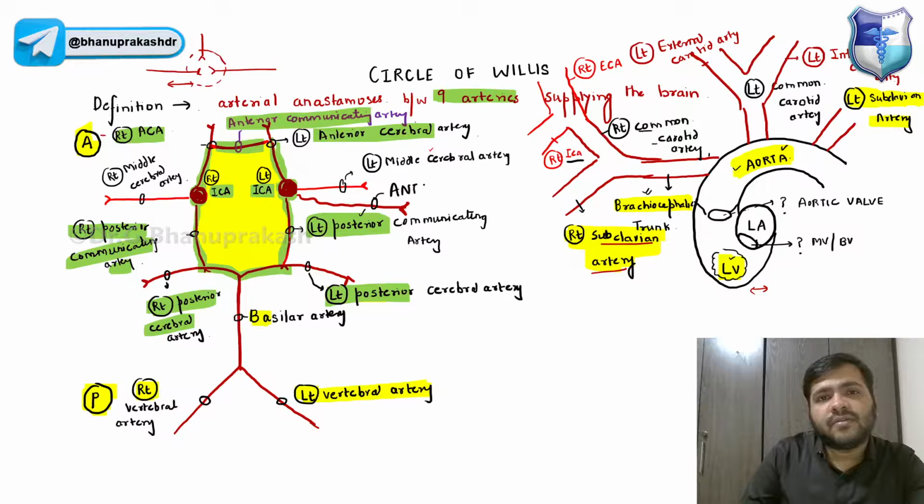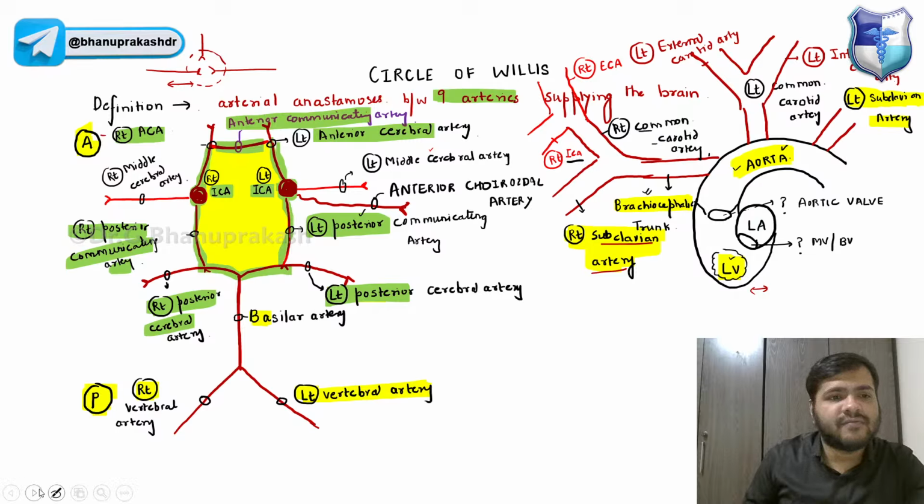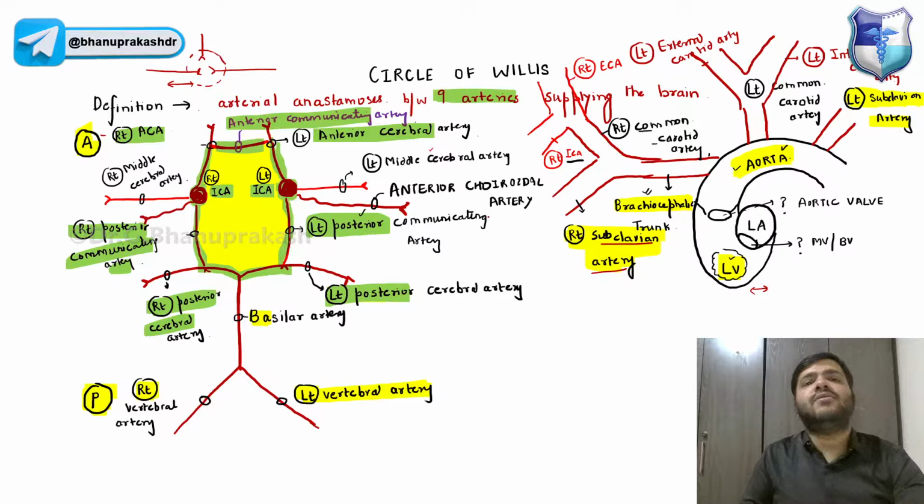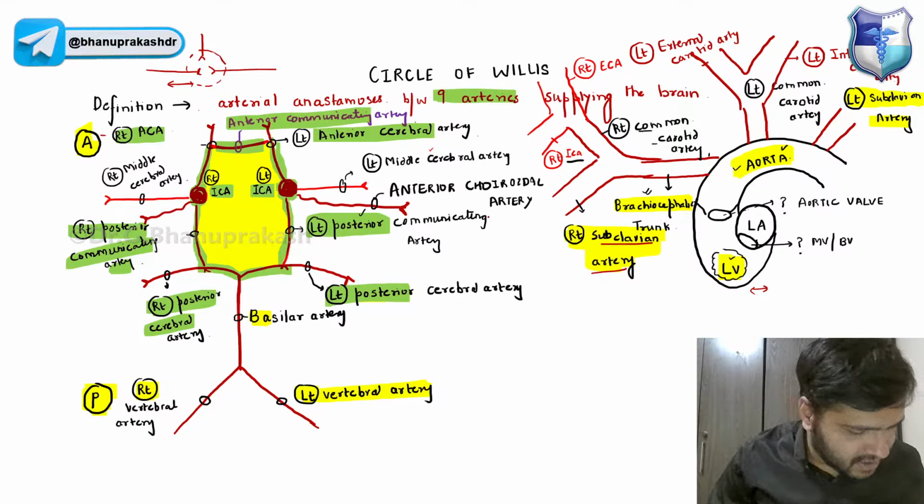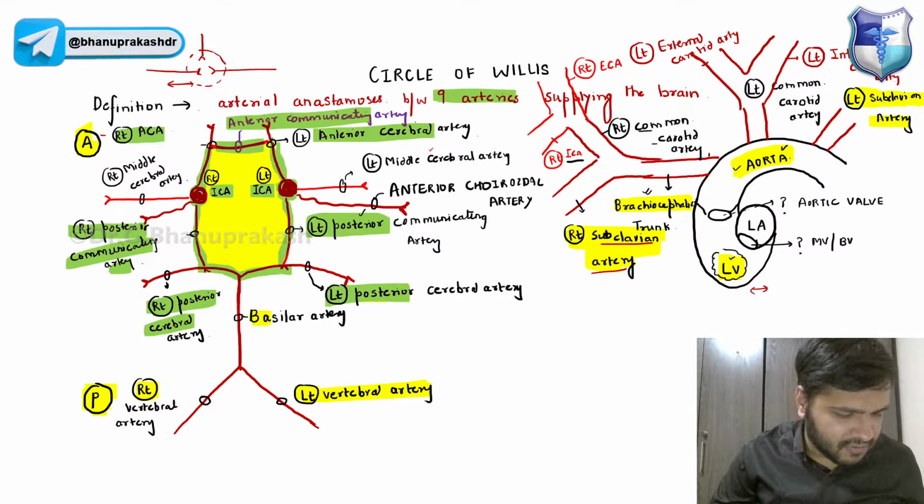Be very clear, it is called the anterior choroidal artery. On both sides it will be the anterior choroidal artery. Again, it is not a part of the circle of Willis.